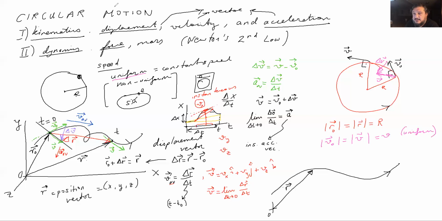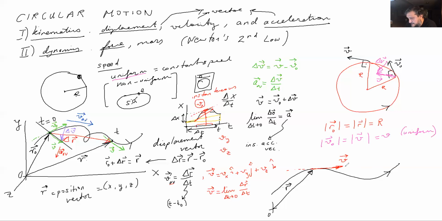These are the instantaneous velocity, which has to be along the tangent line, tangent to the curve right at this point. Here's the vector, which is the instantaneous velocity. And now we also have the instantaneous acceleration. Now, what direction though?